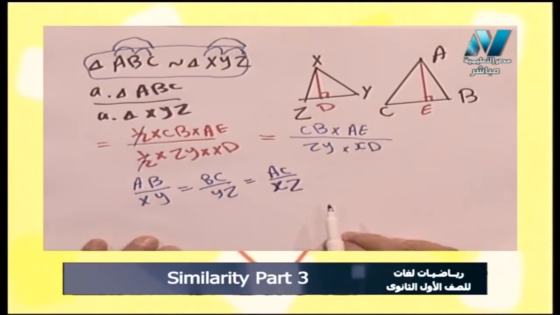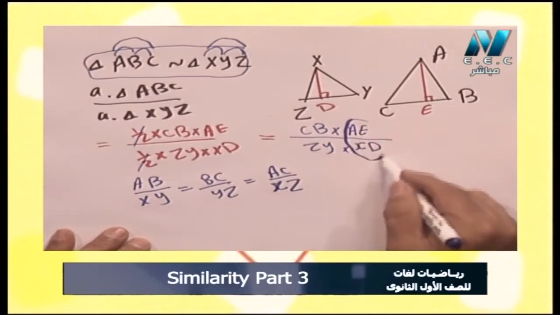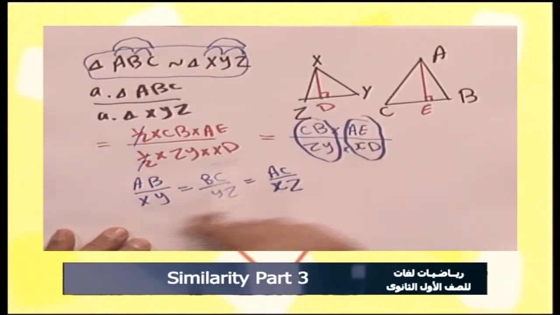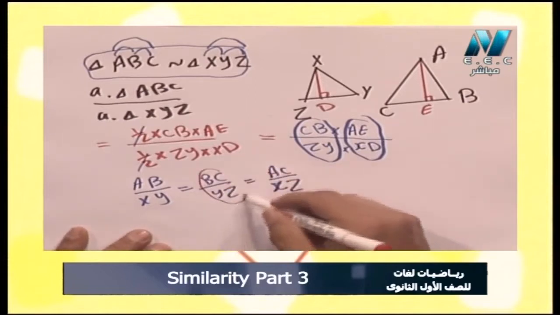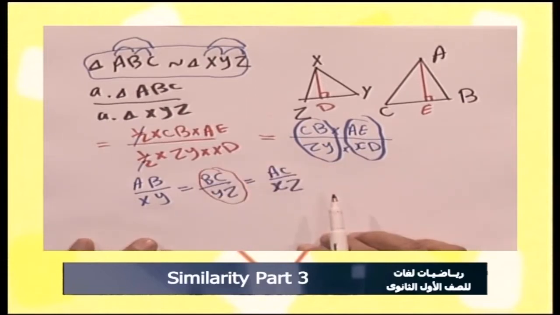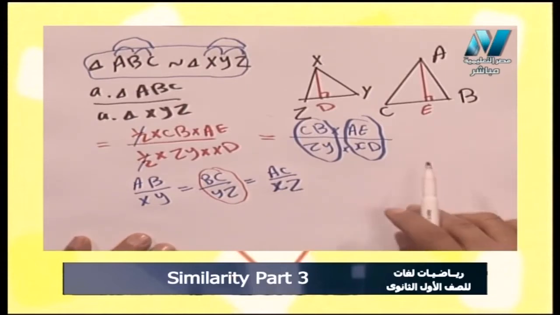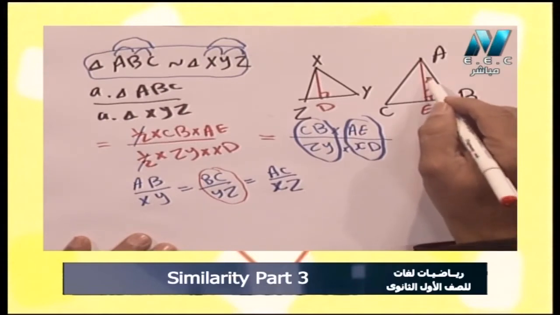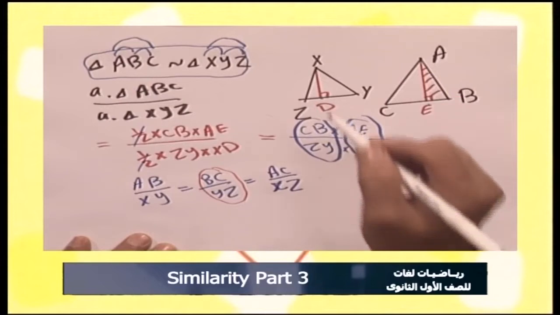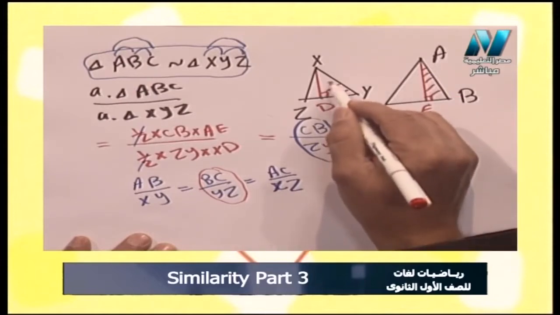Okay, try to compare this part and this one. We will find out that here we have BC or CB over ZY. Okay, and we will try to prove that triangle ABE is similar to triangle XYD.